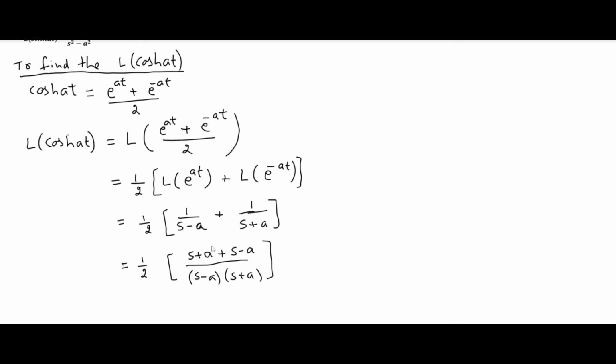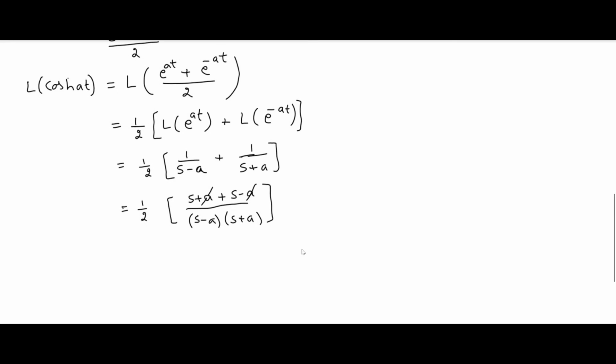So here plus a and minus a will cancel out. So we get 1 by 2 as it is. s plus s will become 2s, divided by the denominator, which is in the form of a minus b into a plus b, which will be written as a square minus b square.